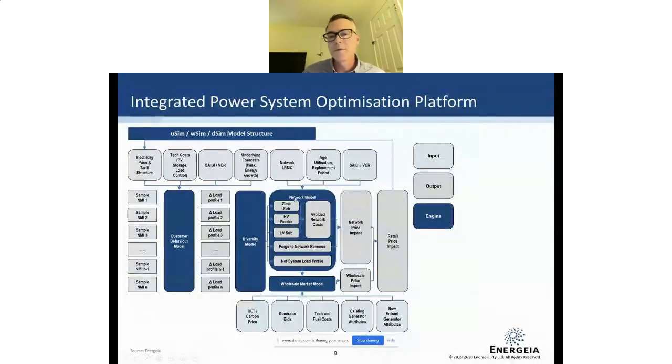In this case, the only public domain information available at this stage really is the zone sub, so we use that as a proxy for the network. Based on the changes in the load profile, that can trigger an additional investment, and that may be due to thermal overload or a voltage excursion.